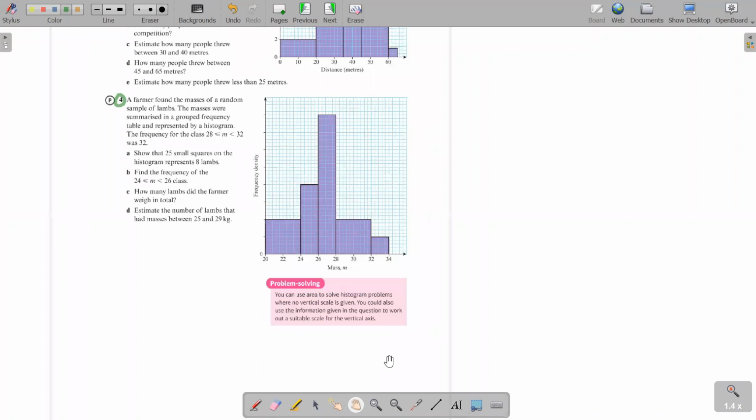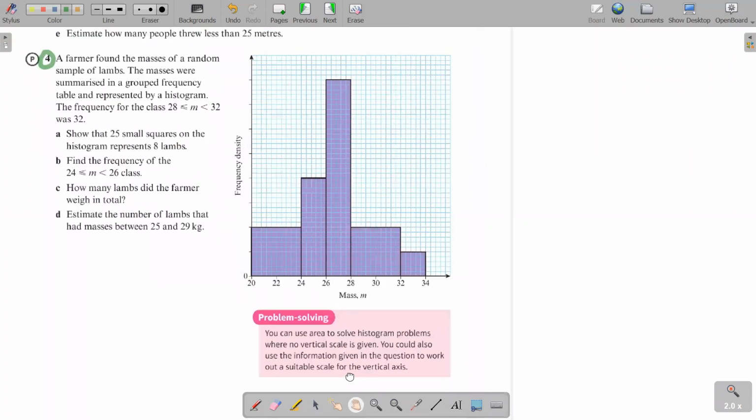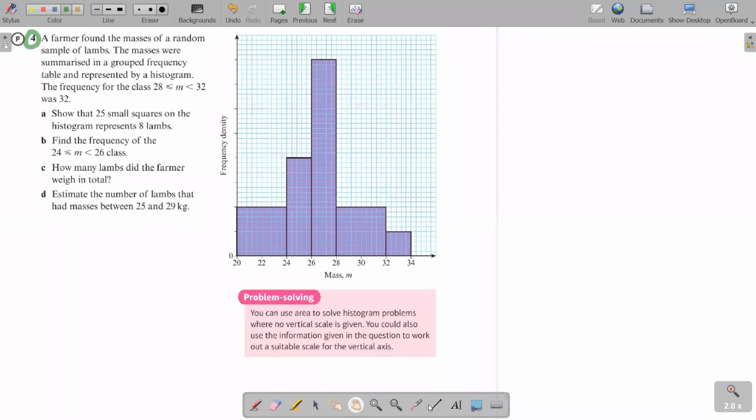Okay, so we'll move on to question number 4. A farmer found the masses of a random sample of lambs. The masses were summarized in a group frequency table and represented by a histogram. The frequency for the class 28 to 32, I think you can see they're talking about this bar, right? 28 to 32 is the bar that I'm marking right now in green.